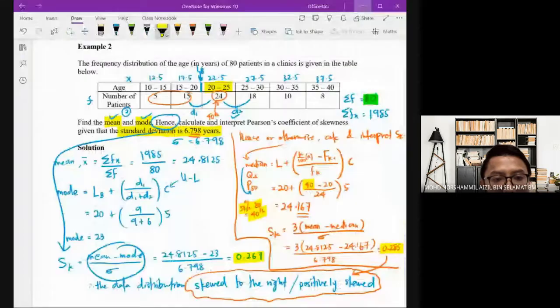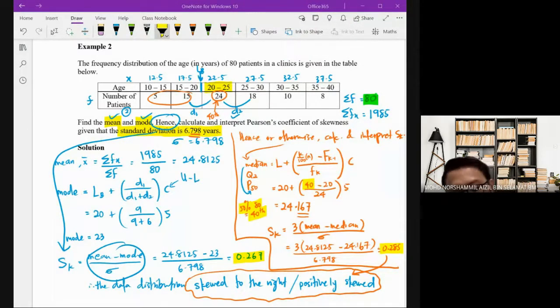Alia Dini ada lagi? Alia Dini? Emilia? Left laju-laju.